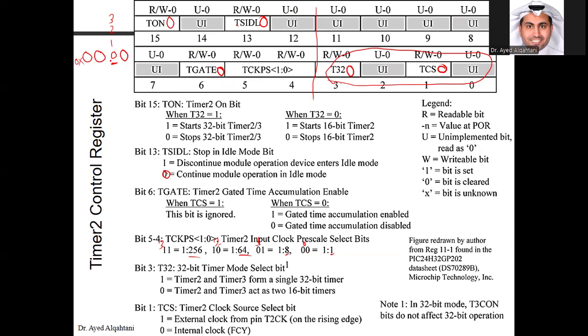So from this discussion, we know that if you choose the prescale value, the control register will have either this value, 0x0000, or 0x0100, or 0x0200, or 0x0300.